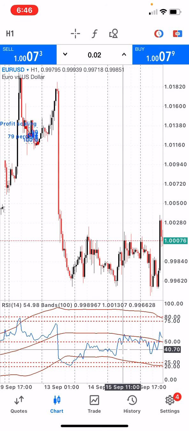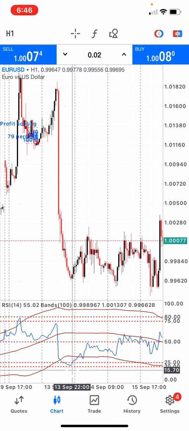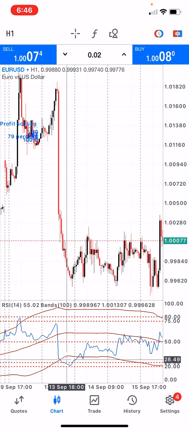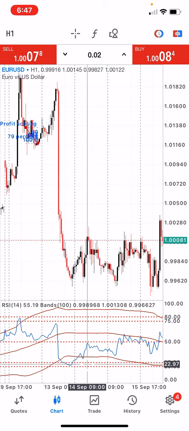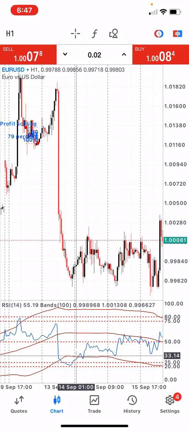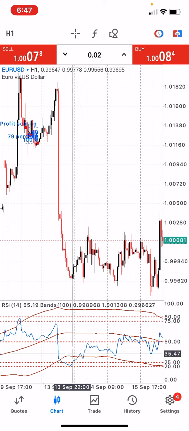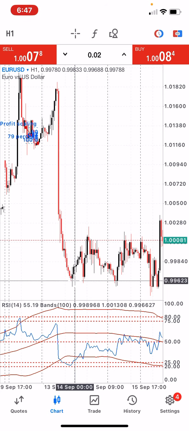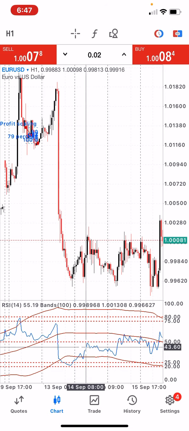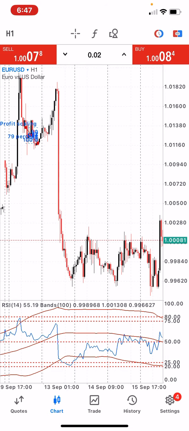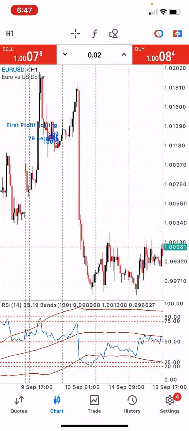Then from here it started moving up, immediately it came out of this 25. What you should be checking out for is if it's coming out of 20 and 25 and heading up, and also you should look for reversal candlesticks. Once you enter, you can then trade it up. That is how you work with this strategy.